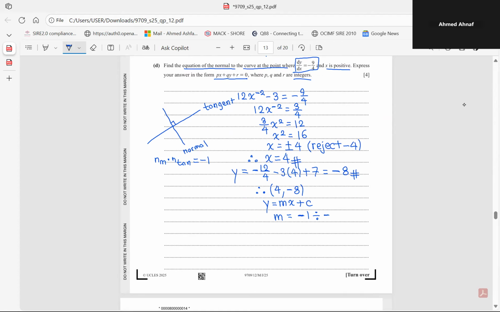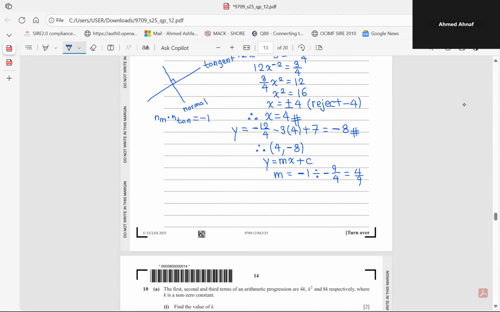So negative 1 divided by negative 9 over 4, which would give us 4 over 9. So this is our m value. So we got y equals 4 over 9 x plus c.